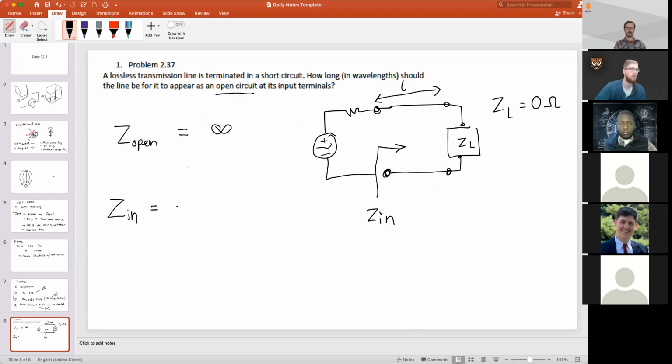Would it not just be infinity as well? Yeah, so we want this Zin to appear as if it's infinity. We're saying the load is short circuited, but we want to know how long this line is for it to appear at the input as if it's actually an open circuit.